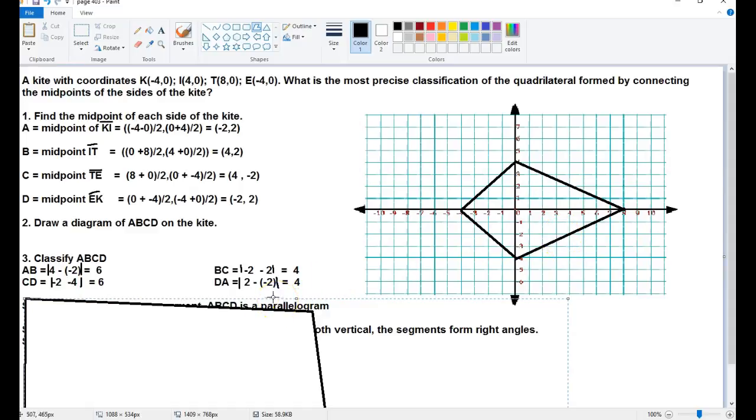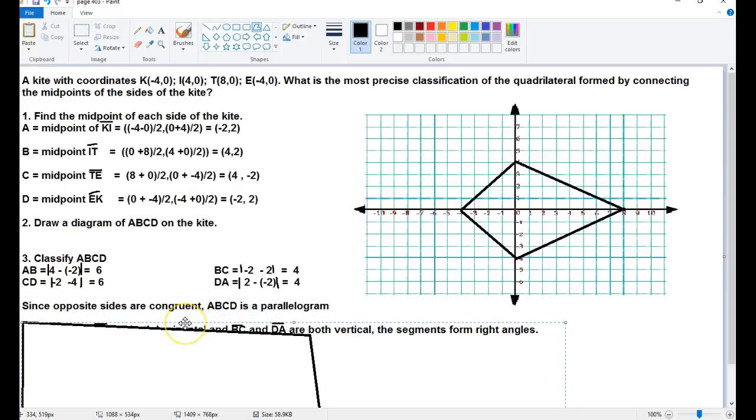BC would be -2 minus 2, which is 4, and 2 minus -2, which is also 4. We're not using the regular distance formula in this question, we're using the distance formula as it would be on a number line. Since we are in the coordinate plane and we do have straight lines, we can think of it as things on the number line since we can just count the boxes like that.